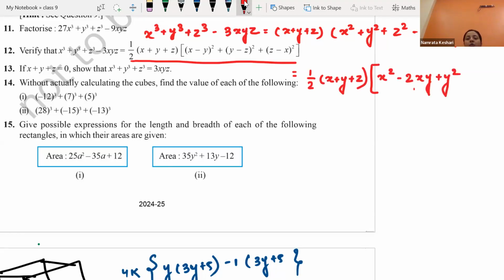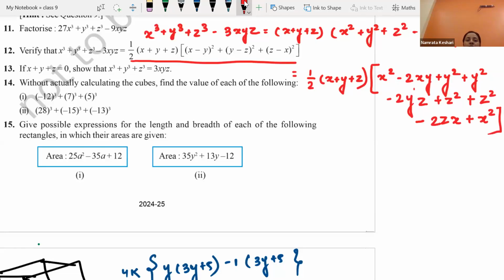Then (y minus z) whole square, so you'll be writing y square minus 2yz plus z square. You are just expanding it. Next, (z minus x) square. You can write it z square minus 2zx plus x square.